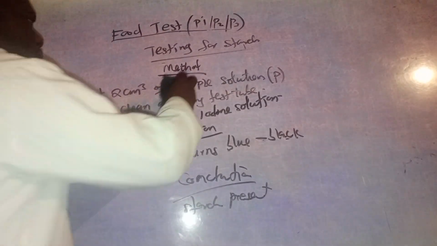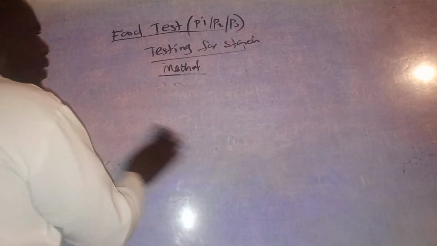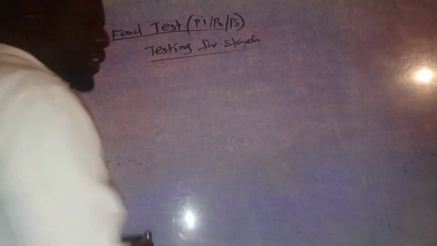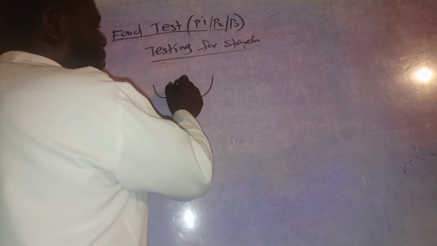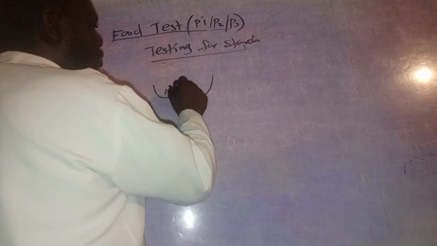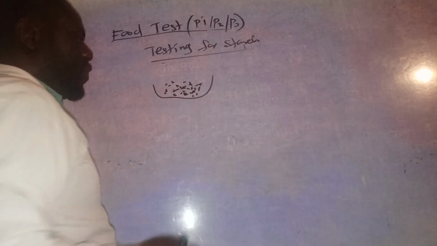Okay. So now, what if the sample is in solid form, for example if they give you a millimole, or ask you to test a banana or orange for starch?